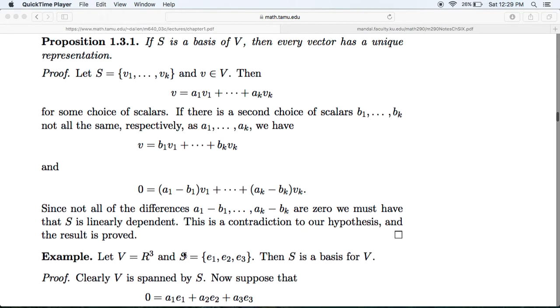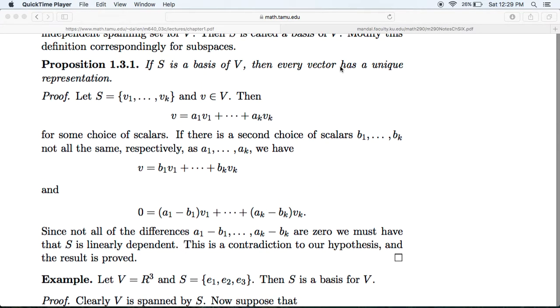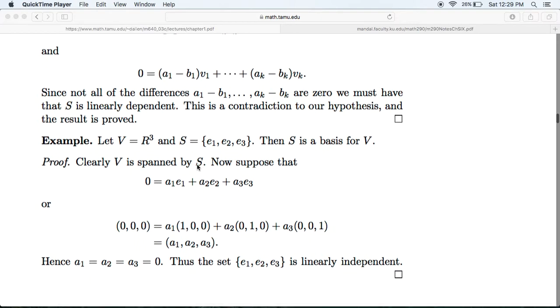We can check that using this proposition. I take the 0 vector and try to write it as a linear combination of e1, e2 and e3. The 0 vector in V is actually the column vector (0, 0, 0) in R3.